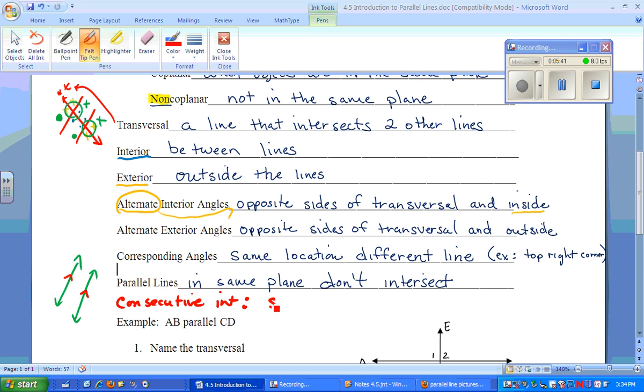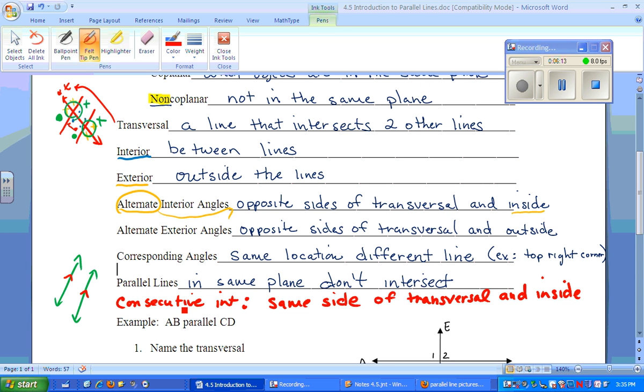So consecutive means same side of the transversal and inside of the picture. So what we're referring to there would be these two angles right here. This one and this one would be same side interior, consecutive interior.